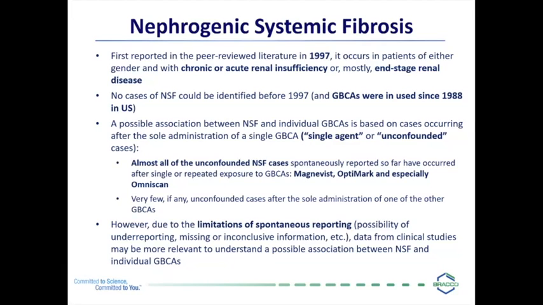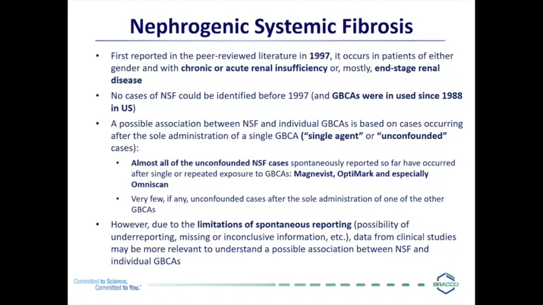If a case of NSF follows the administration of two or more agents, the case is reported as confounded. The association of the development of the disorder with an individual GBCA can be determined only on the basis of confirmed, unconfounded NSF cases. Using the total number of patients exposed to GBCAs as denominator, this condition would be extraordinarily rare.